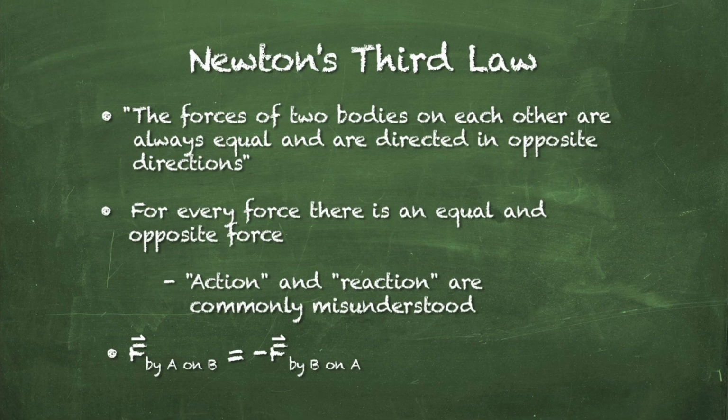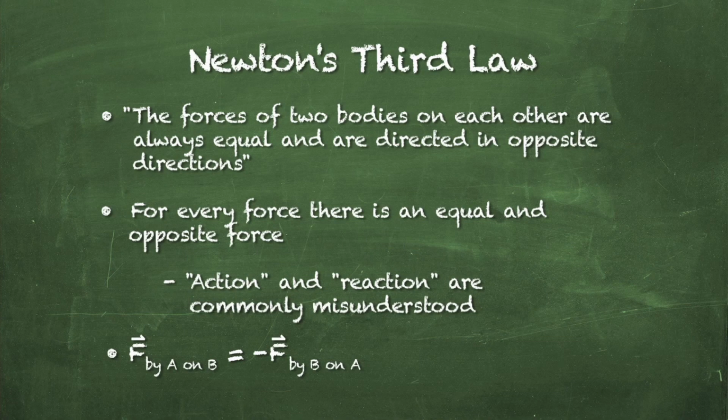Our equation would be that the force vector by object A on object B equals minus the force vector by object B on object A. And remember that every vector equation is two component equations, so that means that if object A is pushing in the x direction on object B, then object B is pushing in the negative x direction on object A with an equal and opposite force.